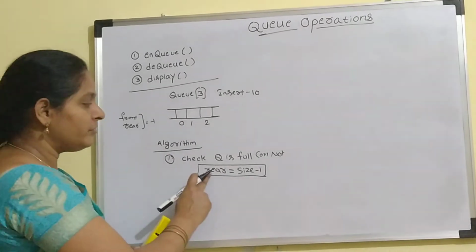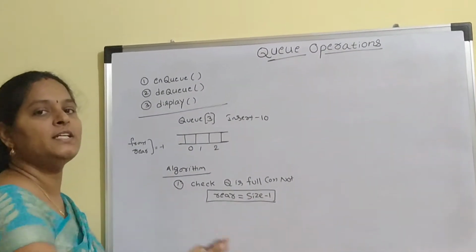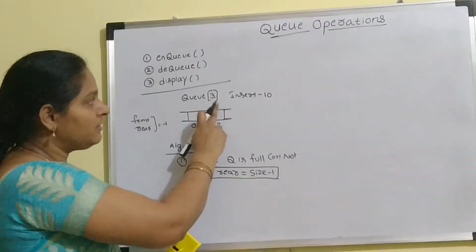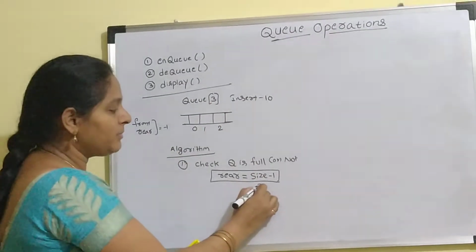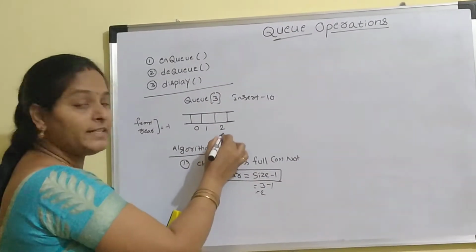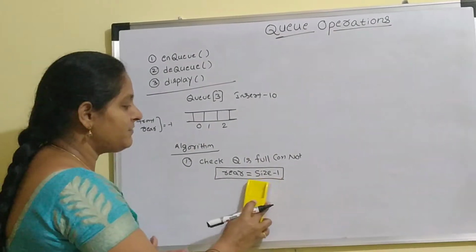If your rear position is other than size -1, that indicates that the queue is not full. In this example, the size is 3, right? So 3 minus 1 means 2. If your rear pointer is at index 2, that indicates that the queue is full, right? This is the first step.